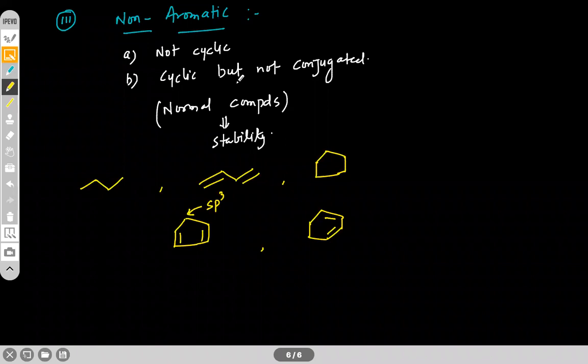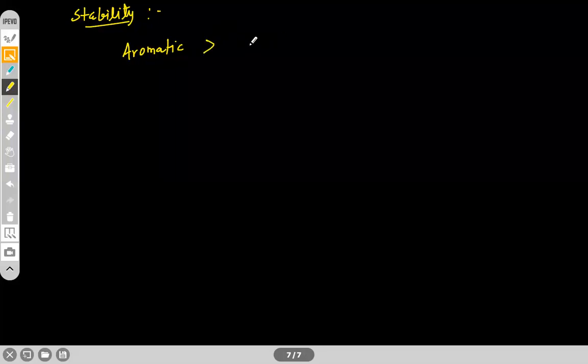Okay. Now, another important thing, which they have asked many times, is the stability order of these compounds. Aromatic compounds are the most stable compounds. Aromatic compounds are highly stable, they have extra stability. After this, we have non-aromatic compounds.